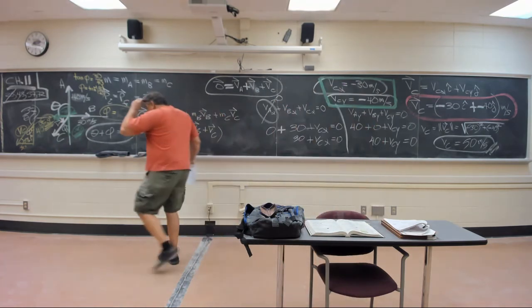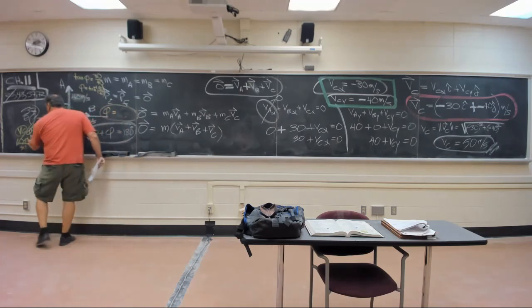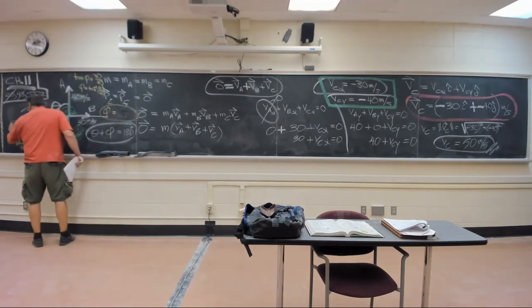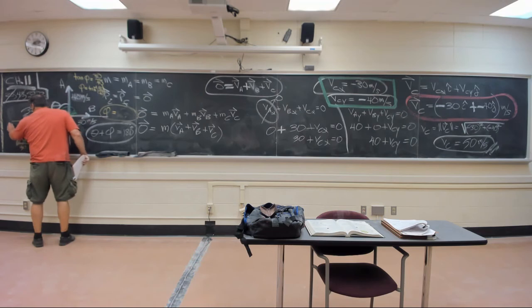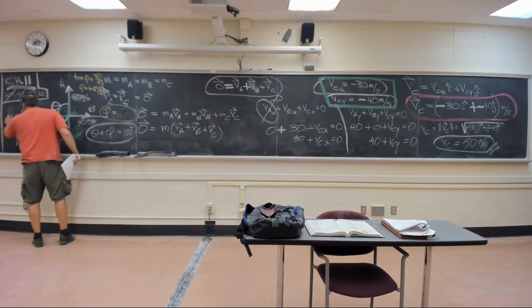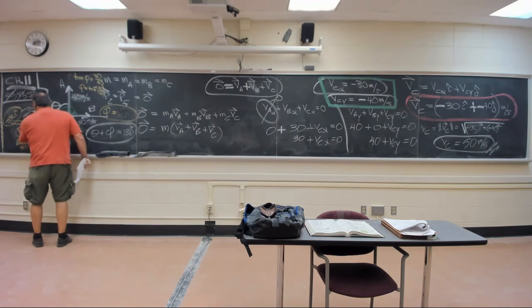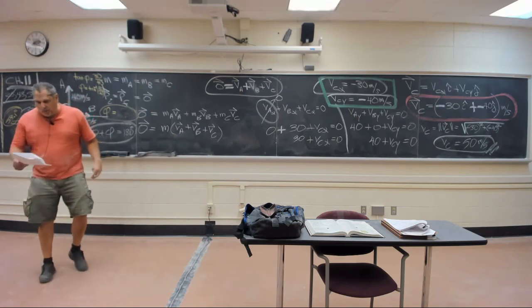I found this 53.1. Alternate interior angles are congruent. That's also 53.1 degrees, right here. This right here is 90. So 90 plus 53.1 is 143.1.